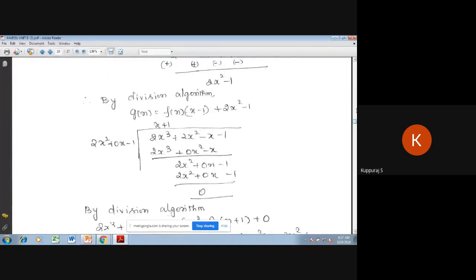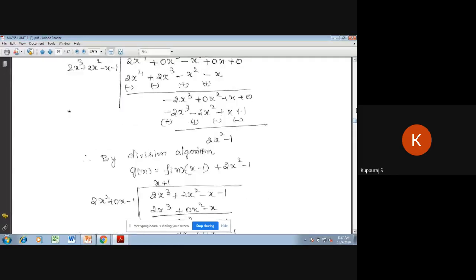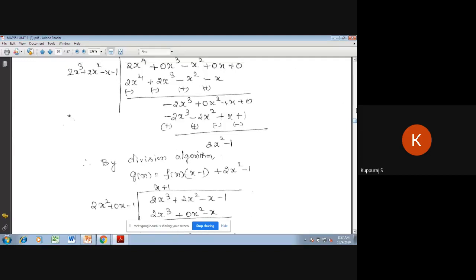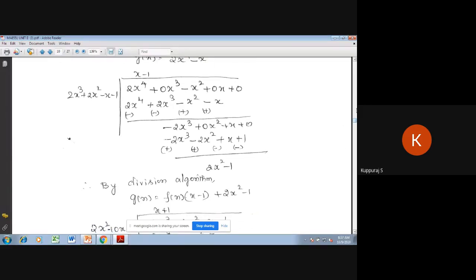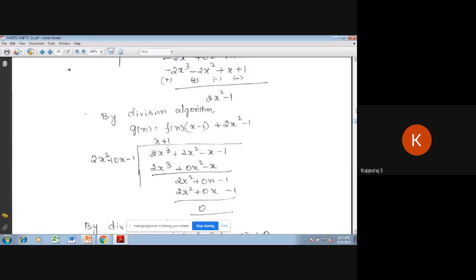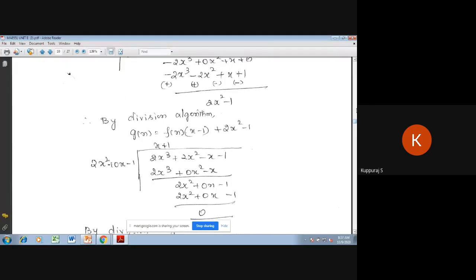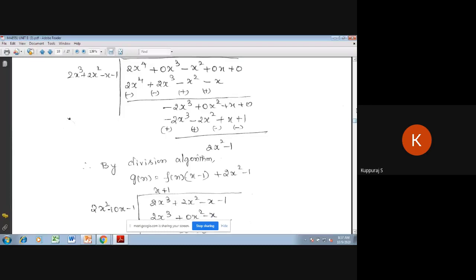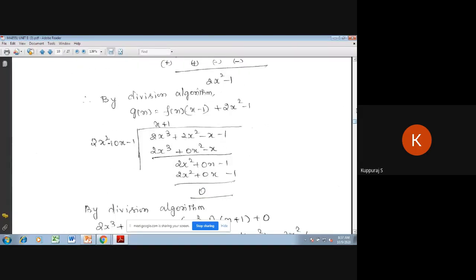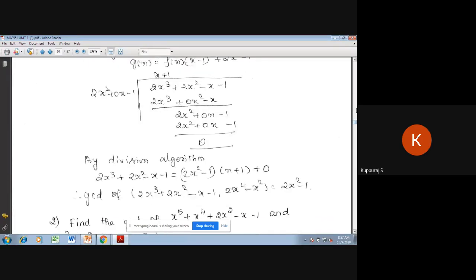Therefore, the GCD is the first remainder, which becomes the greatest common divisor of the given two polynomials. 2x square minus 1 was the remainder the first time, and the second time it becomes the divisor. Therefore, the GCD between the two polynomials is 2x square minus 1.